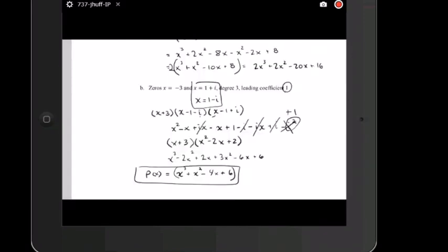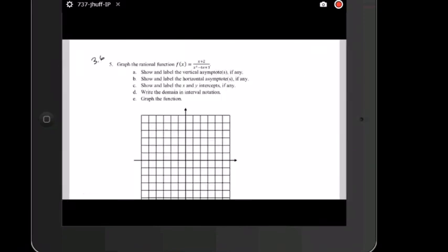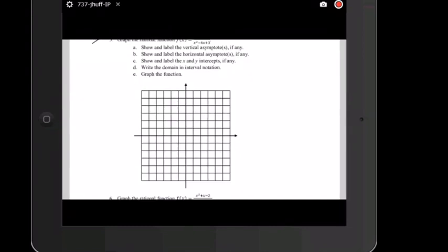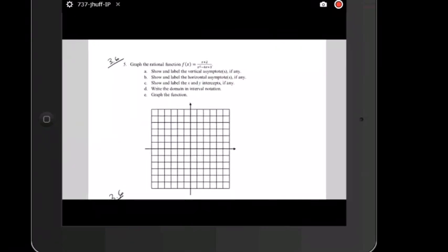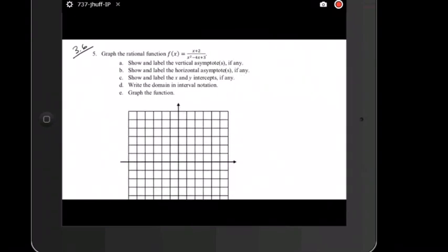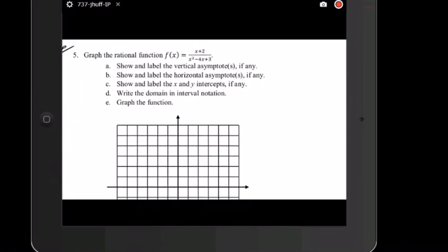Okay, this is from section 3.6, both of these problems. This is graphing rational functions. What I would do first is factor where you can.